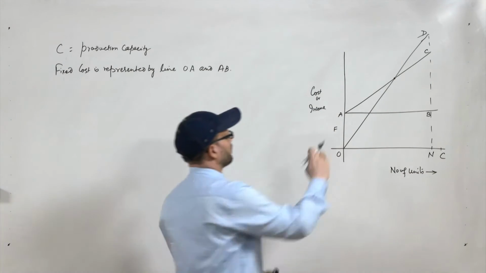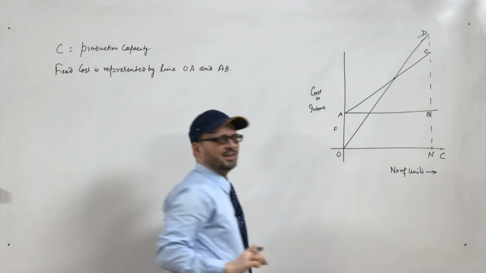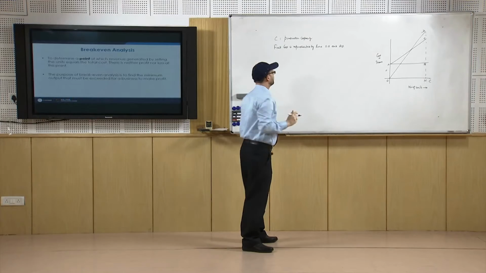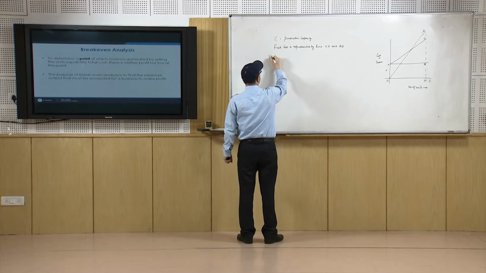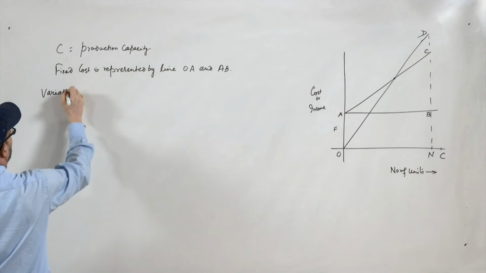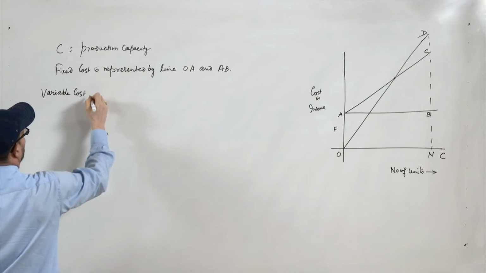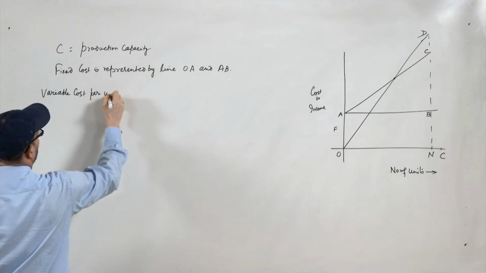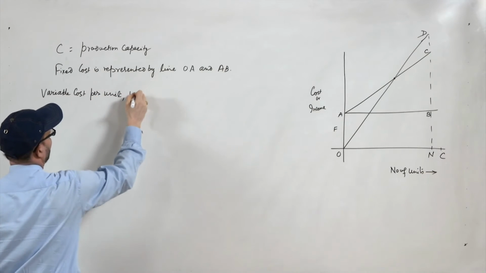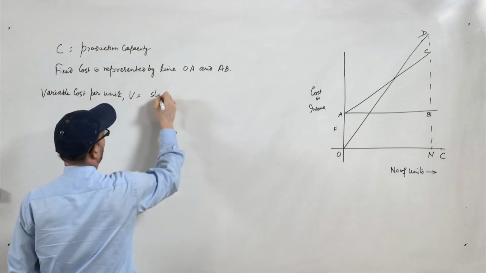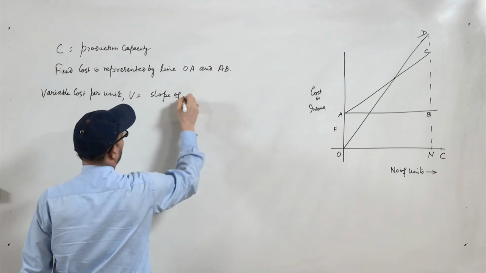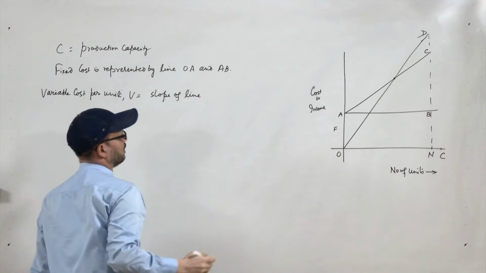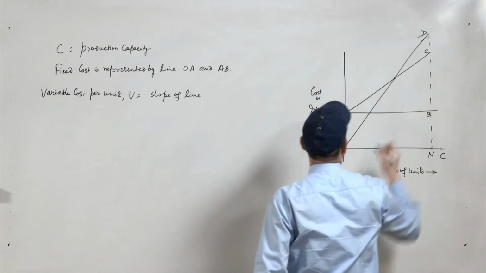Now, the slope of line AC is the variable cost per unit. So, variable cost per unit, that is V, is nothing but the slope of line AC.